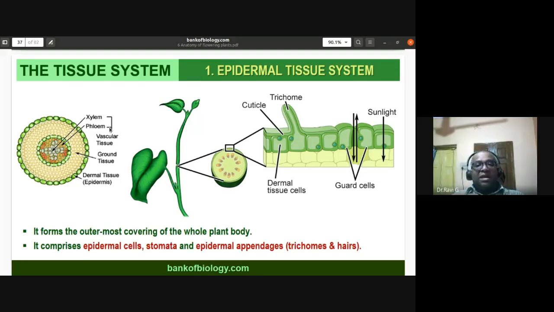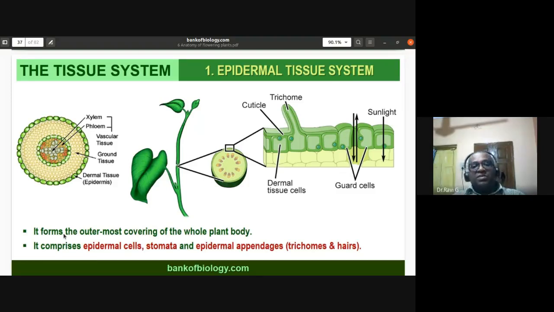Even the leaves have lower epidermis and upper epidermis, the stem has epidermis, and roots have epidermis. So the outermost covering of the whole plant body is the epidermal tissue system.